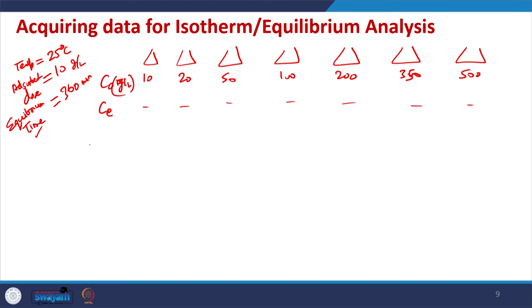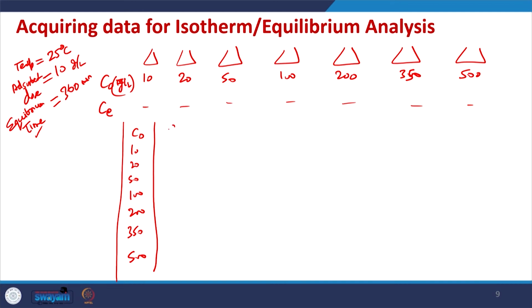So, the actual data will look like this: we have C0, and because there is no factor of time, C0 will be 10, 20, 50, 100, 200, 350, 500. Then we have the residual concentration. Each of the residual concentrations will be known, and after that we determine the QE.